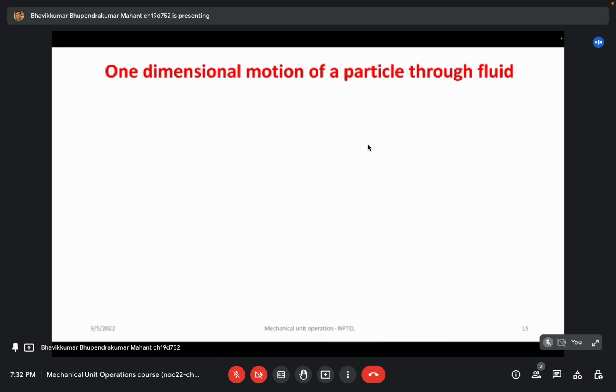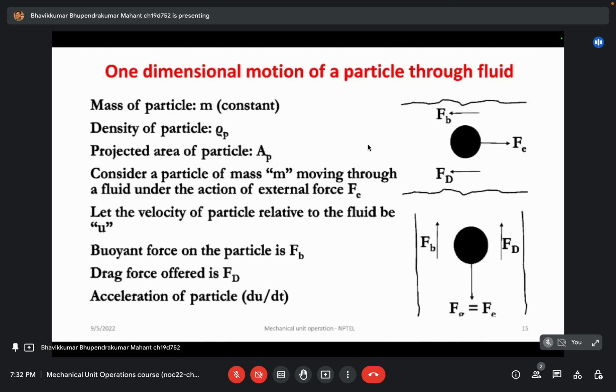So, one-dimensional motion of a particle through a fluid. This equation is very important in order to get the final equation in terms of force balance. And here you can consider two types of phenomena: flow through pipes in a horizontal direction or flow through the pipe in a vertical direction.